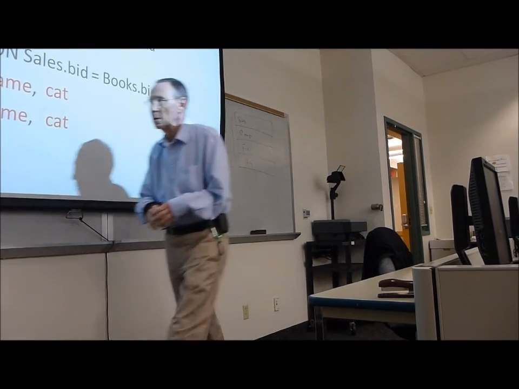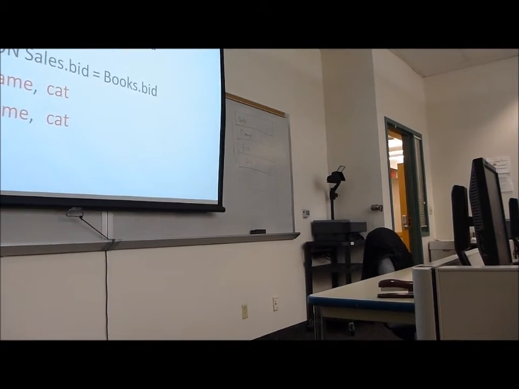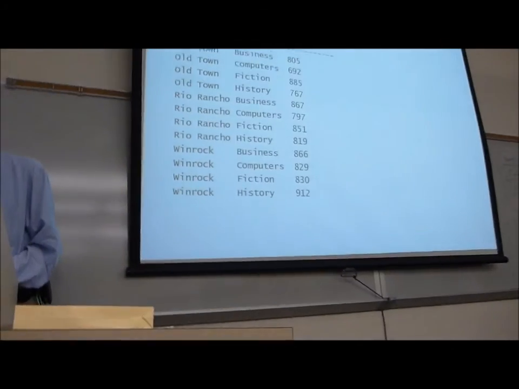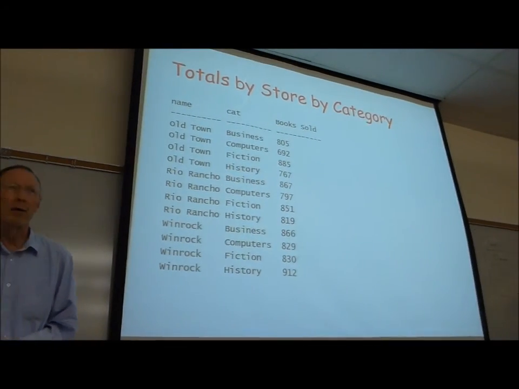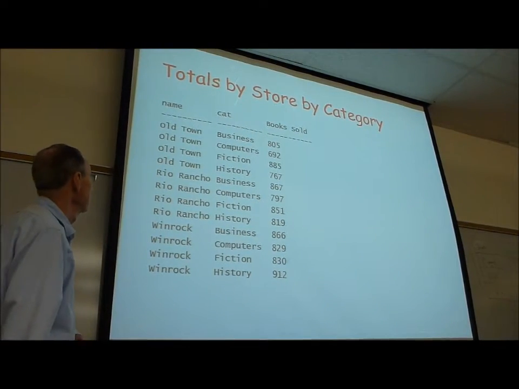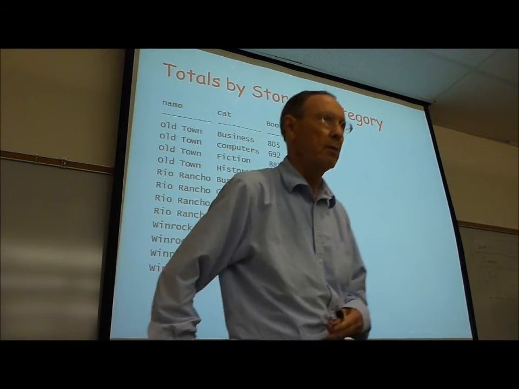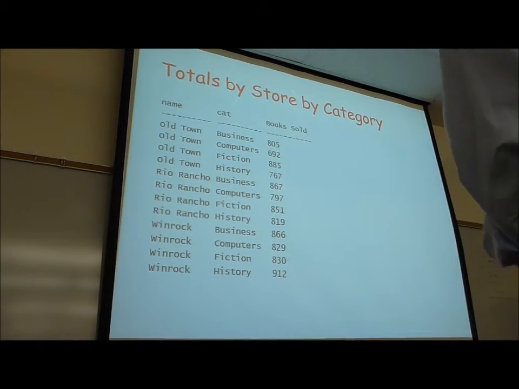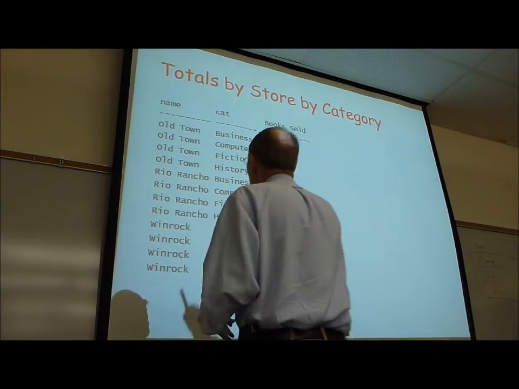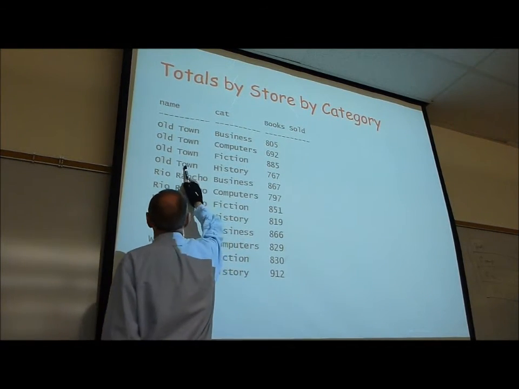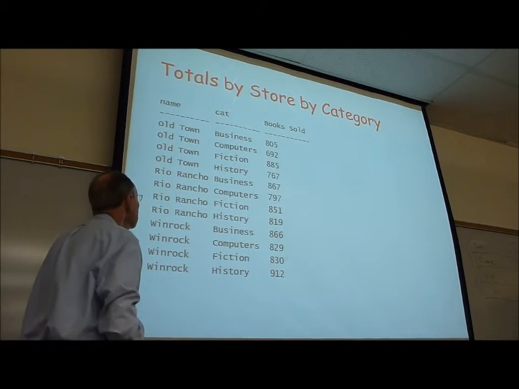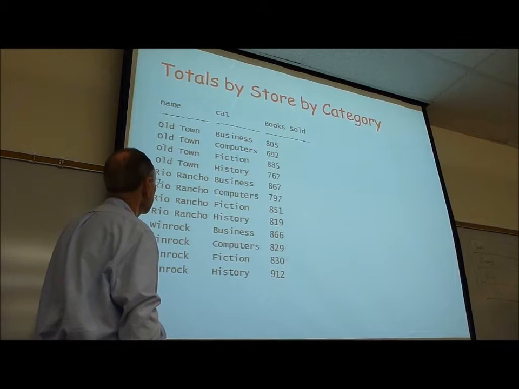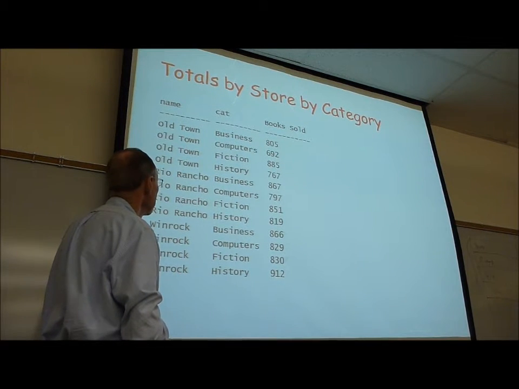And then our result set would look like this, okay? Now our result sets are not that pretty stuff you get with some report generators. It's pretty crude, but you can see what it's doing. So in this first column, I'm going to do Old Town, okay? That makes sense. There's business, computers, fiction, and history.